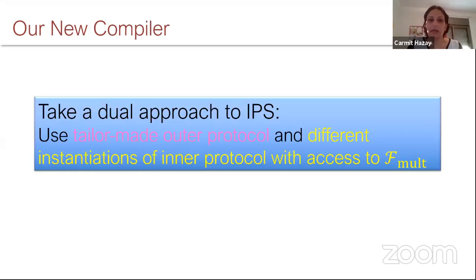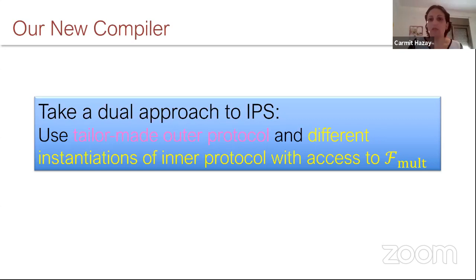And I just want to wrap up by saying a few words about the technical part of this compiler. If you're familiar with the IPS compiler, which has two building blocks of an inner and outer protocol, in this work you can frame it as taking the dual approach to IPS.